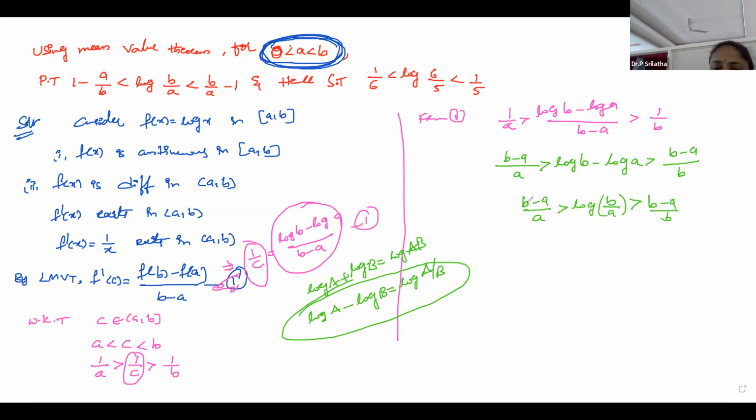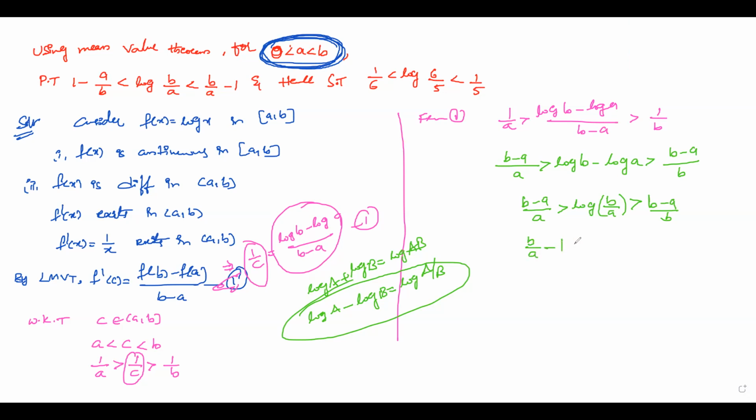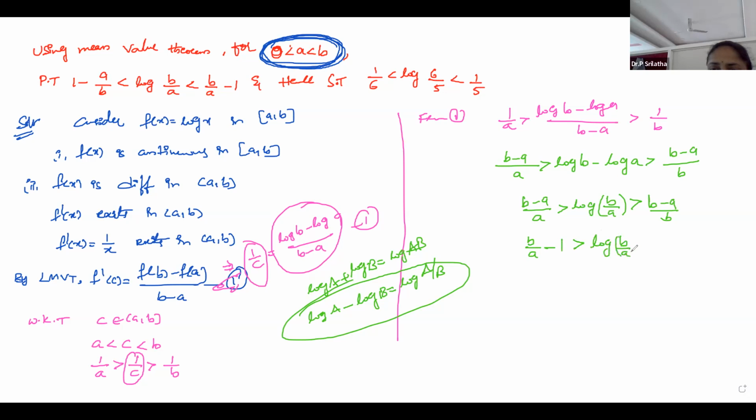If you simplify this, you will get b by a minus 1 greater than log of b by a is greater than 1 minus a by b. Take it in the reverse direction, so you will get 1 minus a by b is greater than log of b by a is greater than b by a minus 1.